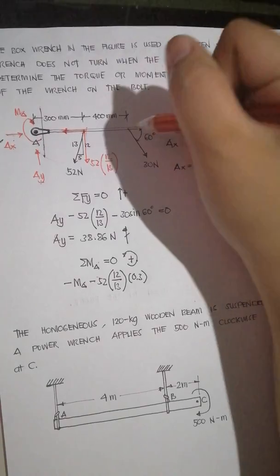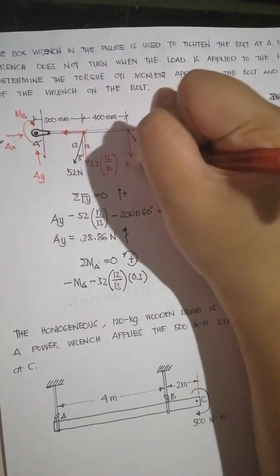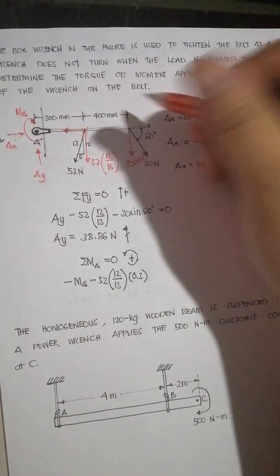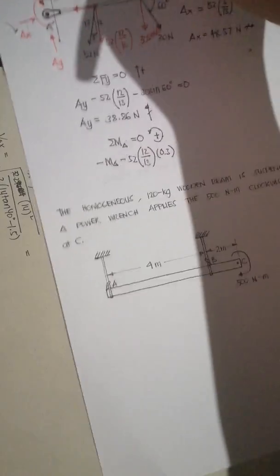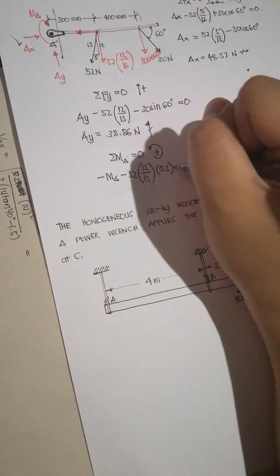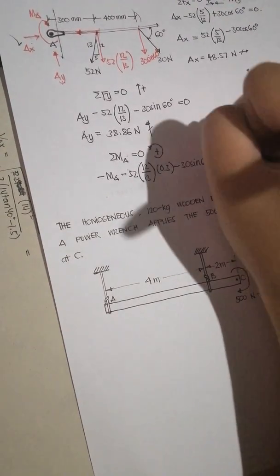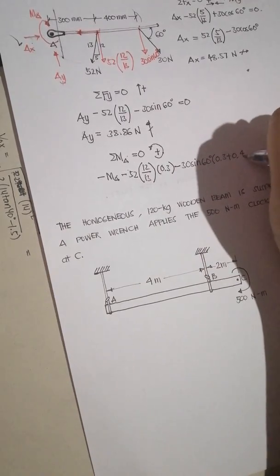Next, we have the 30 Newton force. For the downward force, this is 30 sine of 60 degrees. Its rotation about A is also counterclockwise, so that would be negative force times distance, that is 0.3 plus 0.4 meters.